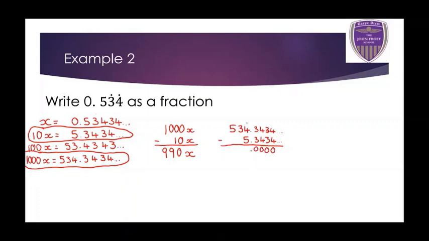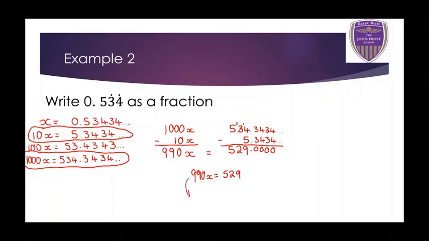4 take away 5. Well, I can't do that. I need to borrow 1 from the 3. 14 take away 5 is 9. 2 take away nothing is 2. 5 take away nothing is 5. So I now know that 990x is equal to 529. So 990x equals 529.